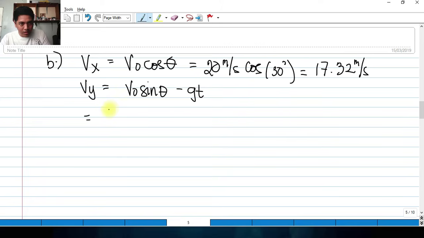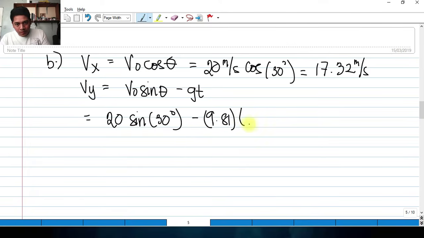Okay, so let's solve for vy. 20 sine of 30 degrees minus 9.81 times the time it takes to reach the ground. So that is the velocity of the stone just before it hits the ground.